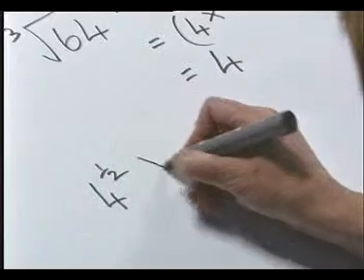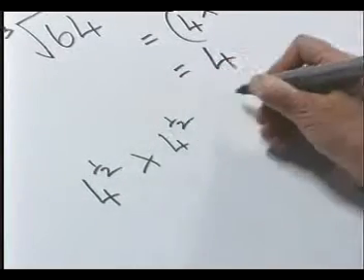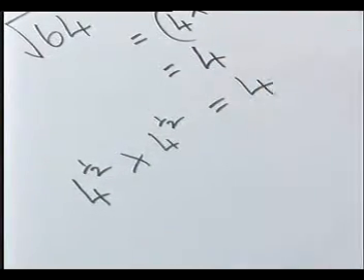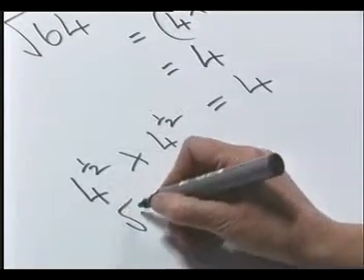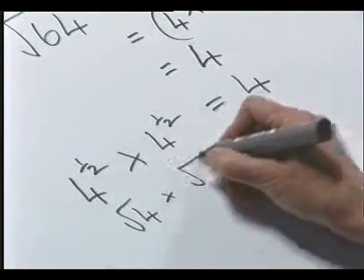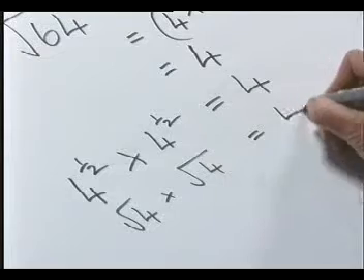A very useful, simple fact leading on from this that is known but people tend to forget it is that we know that 4 to the half times by 4 to the half equals 4. That is, the square root of 4 times by the square root of 4 is 4.